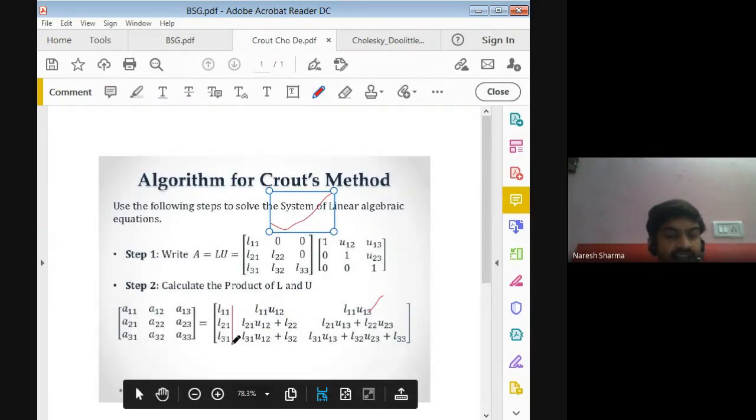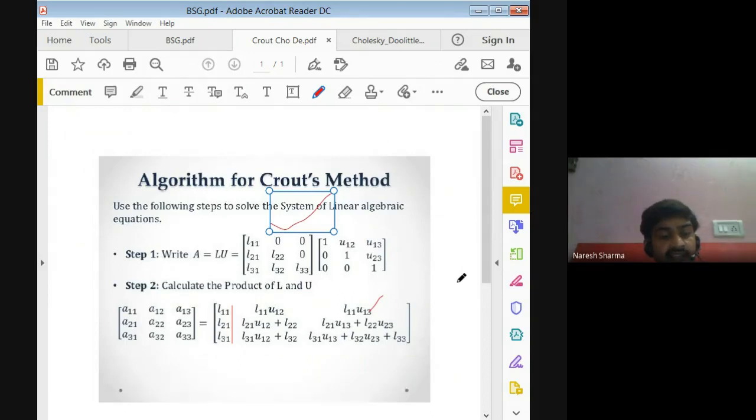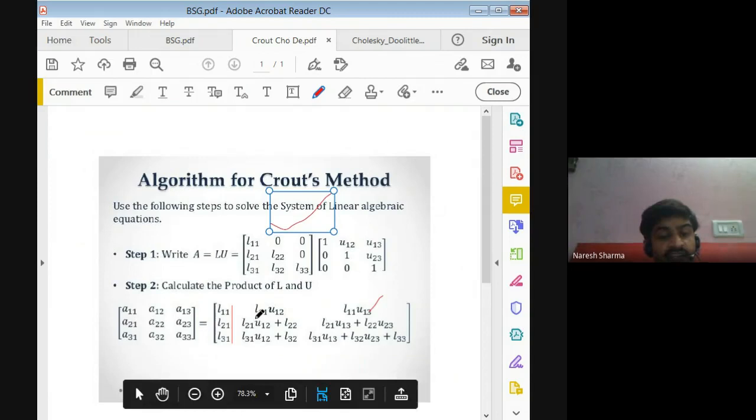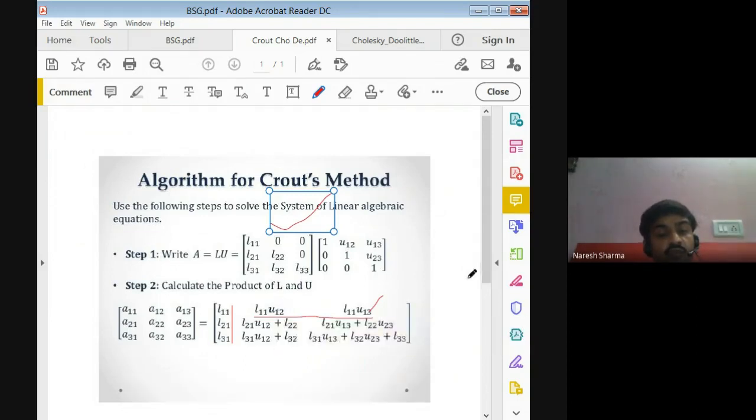You just compare these three, and you get the values of L11, L21, L31. After that you can compare these two. With the help of L11, here you get the values of U12 and U13.